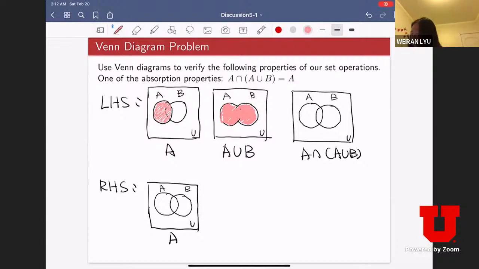Yep, just fill in all of A and B, using another color. And then we want the first one intersects the second one, which should still give you the same as the first one. All right, and that's your A intersects A union B.